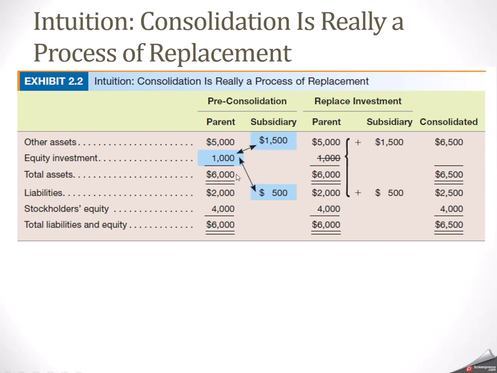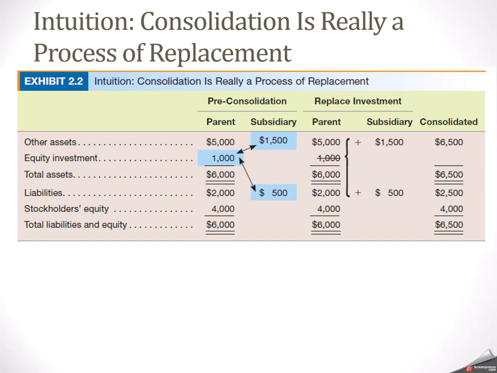But we have to understand that what the parent has in that equity investment account represents the subsidiary company. So then we're going to want to eliminate the equity investment and replace it with the actual assets of the sub. So this is very basic to say, if we have a $1,000 investment, it represents $1,500 of assets less $500 of liabilities.